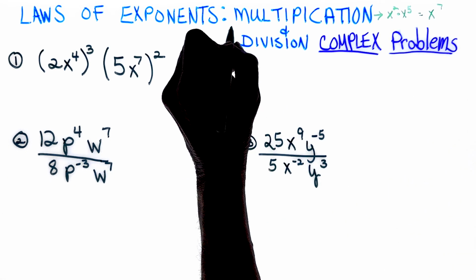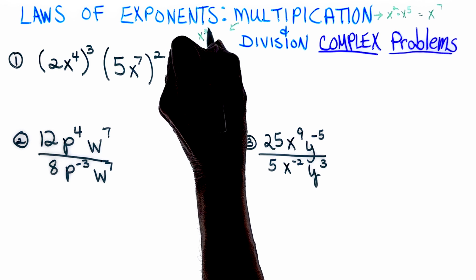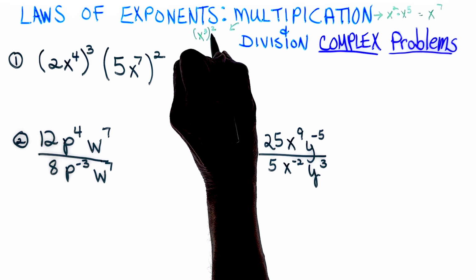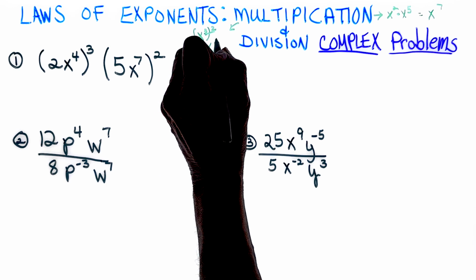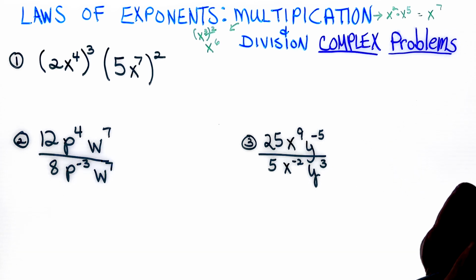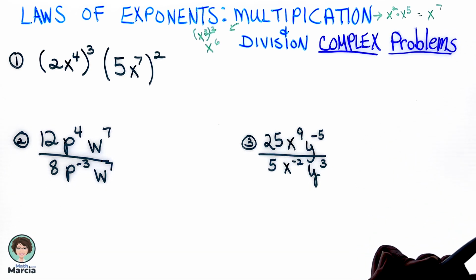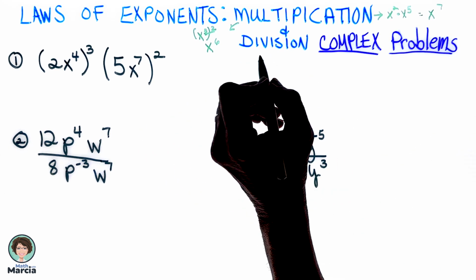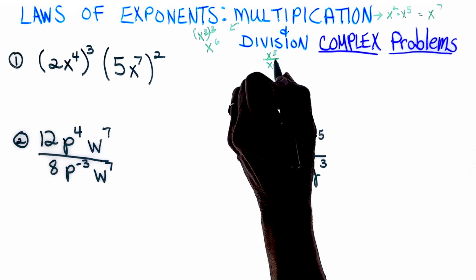Still within multiplication, if I have x to the third, squared, this is our power rule, so our answer here would be x to the sixth. With division, remember, we will be subtracting, and the kind of problems that we're going to be seeing would possibly be x to the fifth over x to the third.